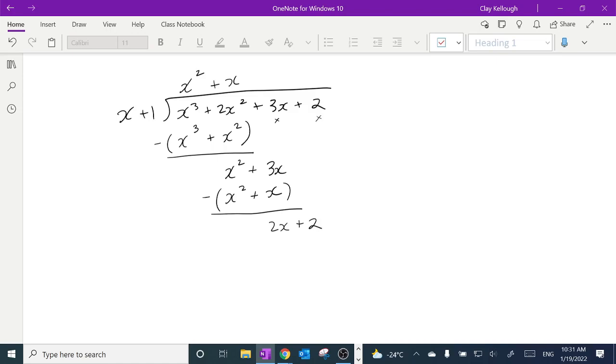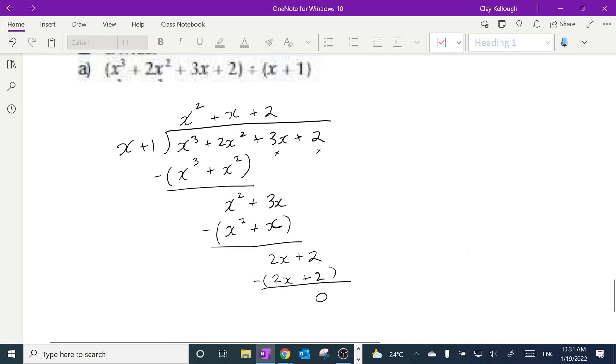And how many x plus 1s go into x plus 2? 2 of them. Oh, what does that mean? When that happens to you when you're long dividing, what do you say? You say there's no remainder, right? So that's it, there's no remainder.